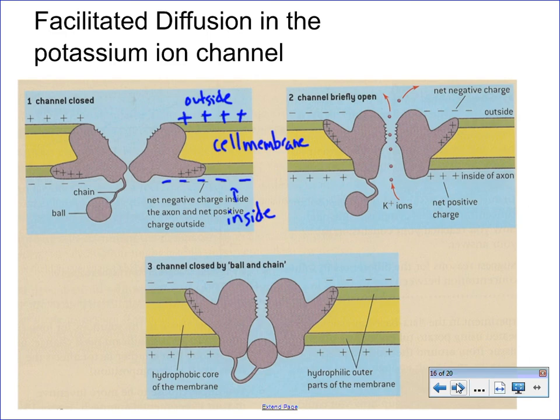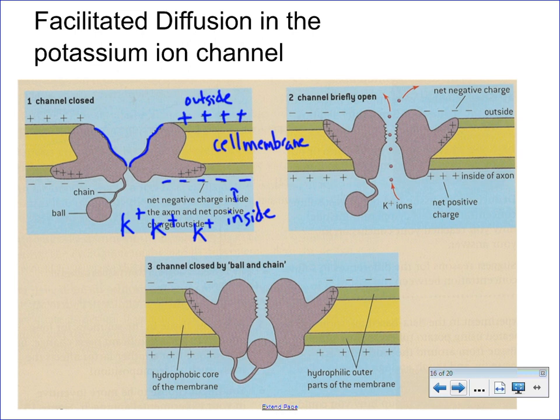So the way the potassium ion channel is going to work is that it's what's referred to as a voltage-gated channel, meaning that it's going to have a certain shape depending on the charge of the membrane. So in the potassium ion channel, and remember that we have a large concentration of potassium ions on the inside of the cell.